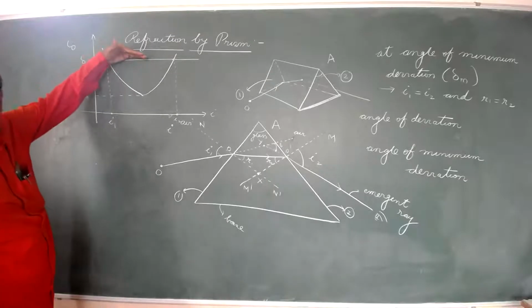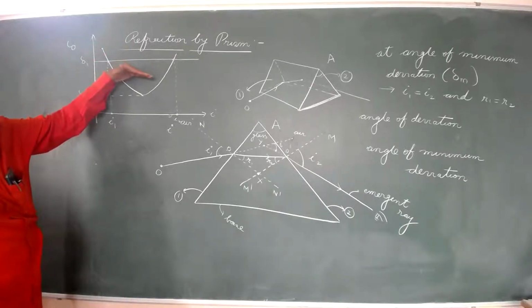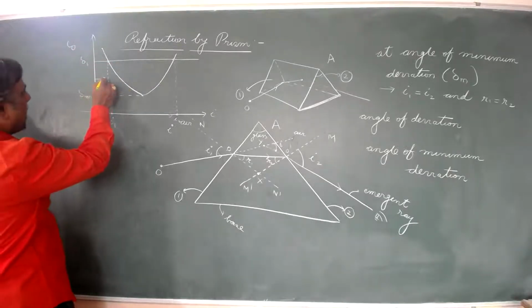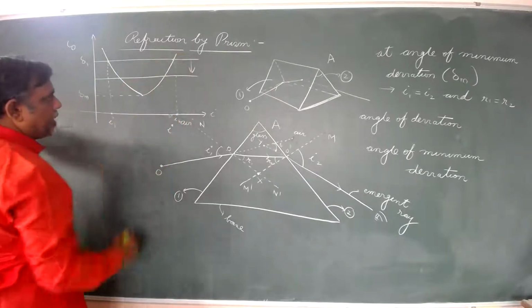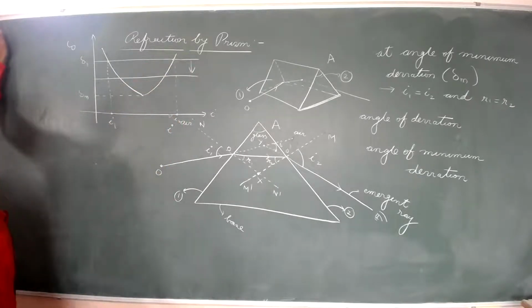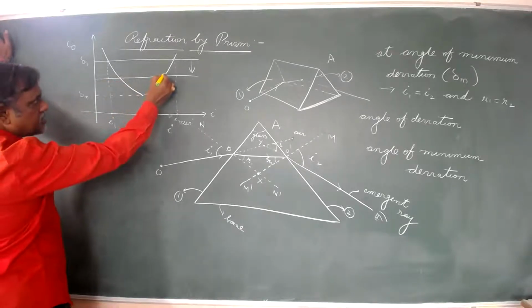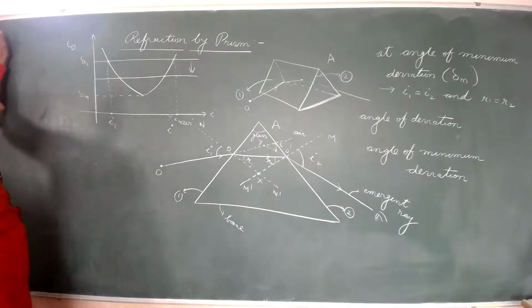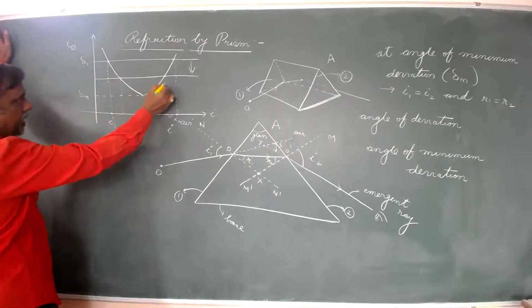Now I am moving down, which means I am moving towards the angle of minimum deviation. Look at this, one more line I have taken over here. This becomes one more point of intersection, and this becomes another. From these two points of intersection, you draw perpendiculars.